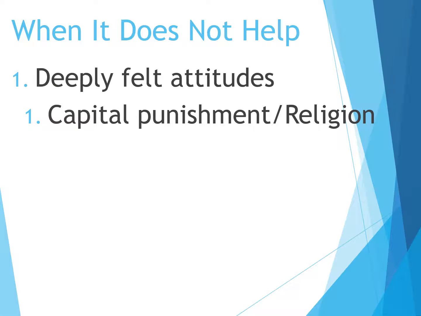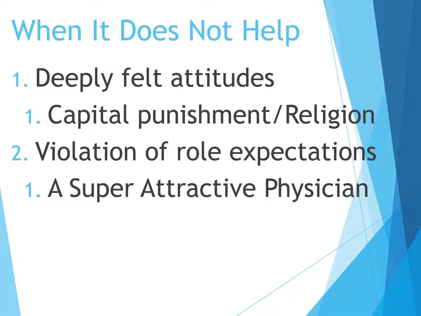So you can think back again to the elaboration likelihood model, and people who are highly involved in an issue or feel very strongly about the issue are going to be processing things in a central way, not a peripheral way, right? So deeply felt attitudes do not tend to be influenced when the person is highly attractive. This could be with regards to issues like capital punishment, religion, any number of topics that you feel strongly about would apply here.